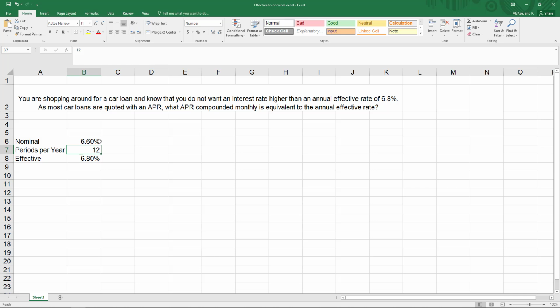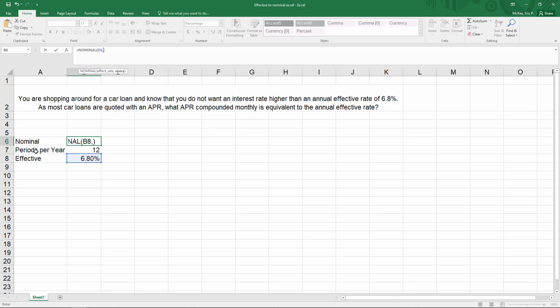Now, if we want to be a little fancier, use better Excel practices, and most importantly, be able to take this file and reuse it for future questions, we can use cell references. So instead of me entering the interest rate and the number of compounds per year directly, I will tell Excel what cell to reference. So for effective rate, I need to do B8.